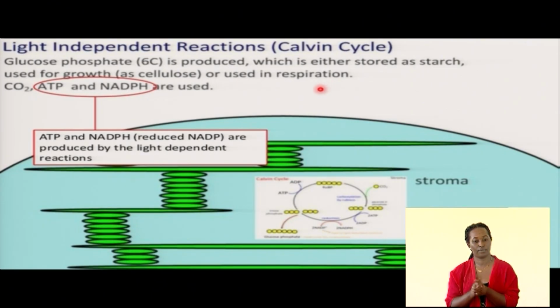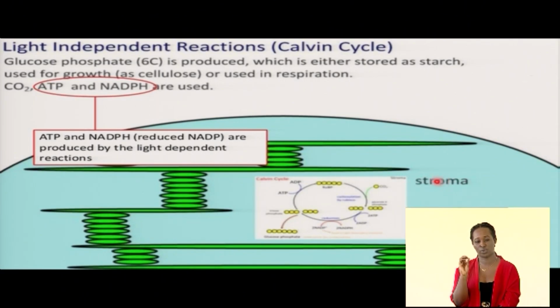But for all that to happen, we must have 1, carbon dioxide as a requirement, and 2, the ATP as another requirement, 3, NADPH, a reducing compound, to be used if we are to have the second and last part of photosynthesis, which is the light-independent reaction, taking place where? In the stroma.